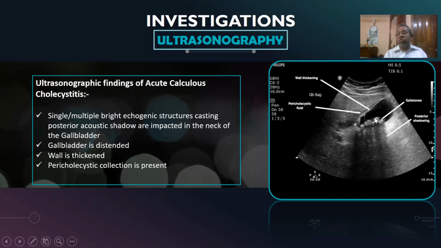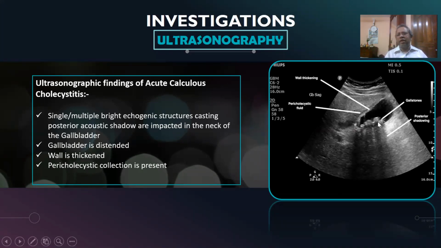Echogenic is the ultrasonic language, because ultra high frequency sound is placed over the surface of the abdomen and passes inside the abdomen. Whenever there is a stone within the gallbladder lumen, the sound passes from up to down through the liver and gallbladder, then the sound wave goes back because it is a hard structure.